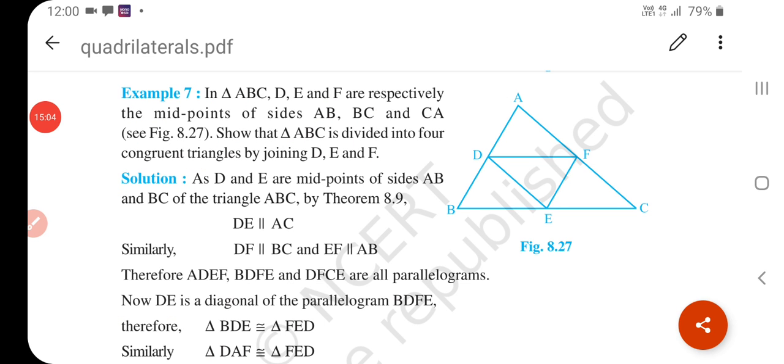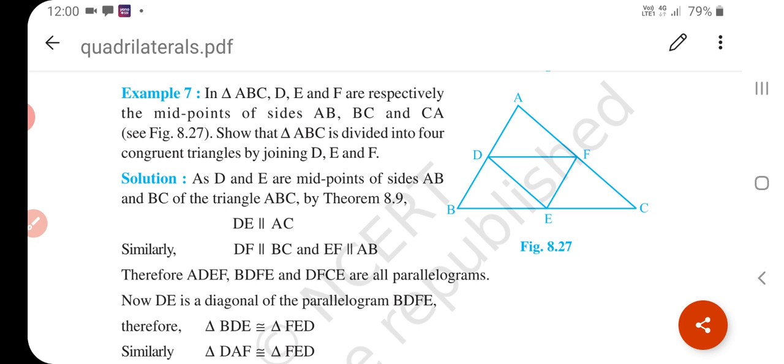In triangle ABC, D, E and F are respectively the midpoints of the sides AB, BC and CA. Show that triangle ABC is divided into 4 congruent triangles by joining D, E and F. Here you can see there are a total of 4 congruent triangles. If we join D, E and F, then this will divide the triangle into 4 equal parts.